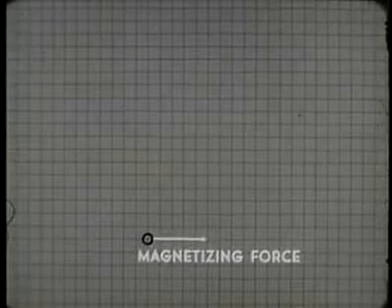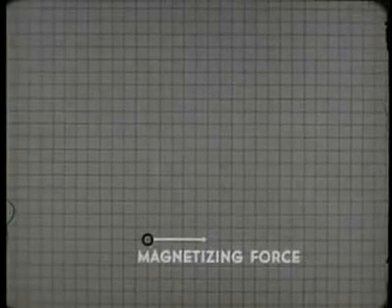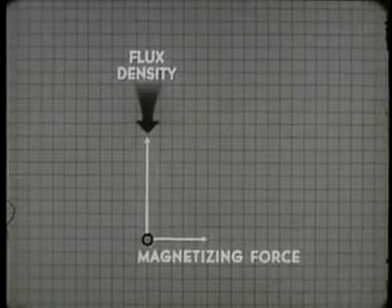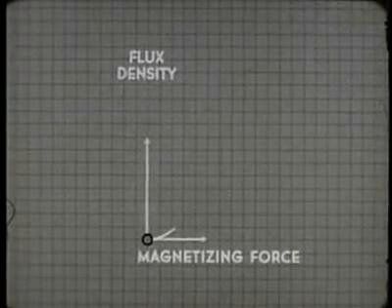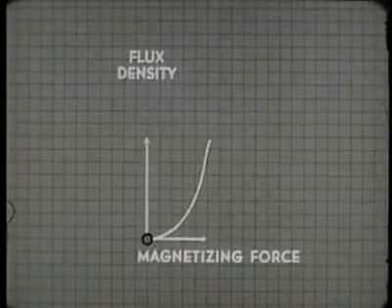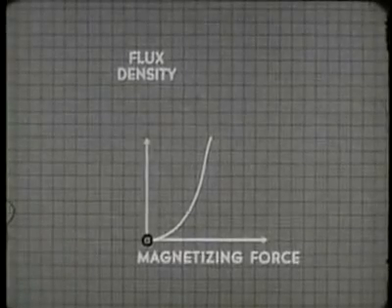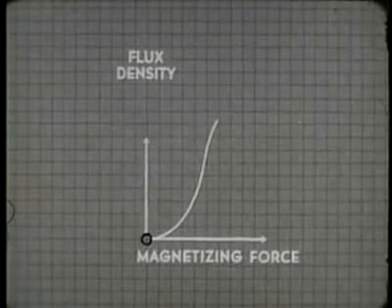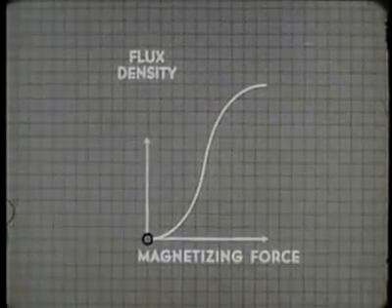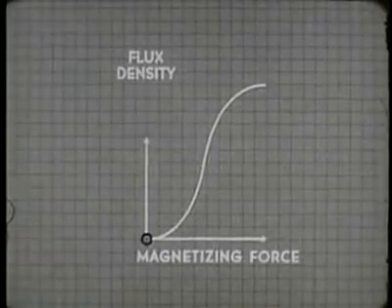Initially, a relatively small amount of magnetizing force produces a relatively high flux density. The curve on the graph will begin like this. But as we increase the magnetizing force, the curve flattens out because we are adding proportionately less to the flux density.